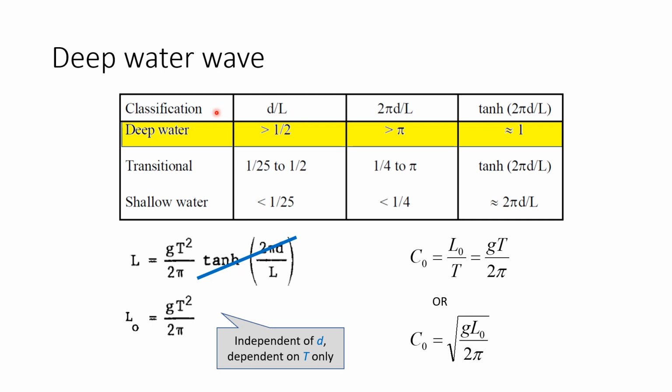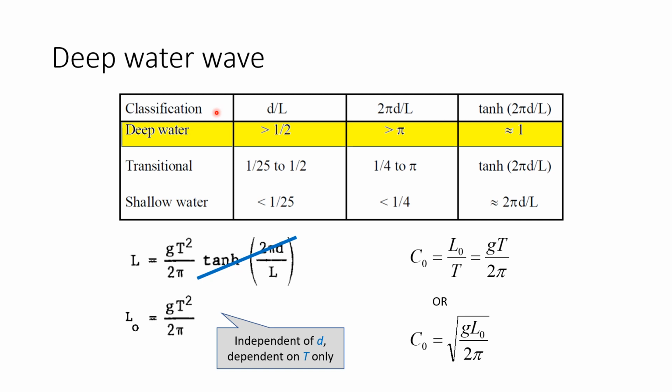So this is how we distinguish between deep water and shallow water. In deep water, there's no orbital motion at the seabed. In shallow water, there will be orbital motion at the seabed.